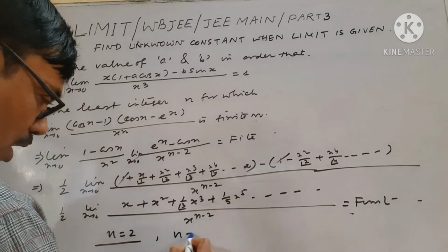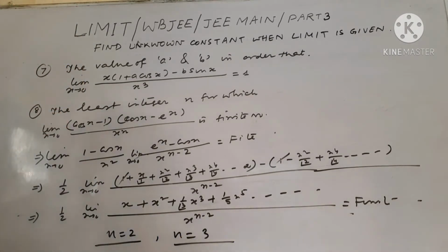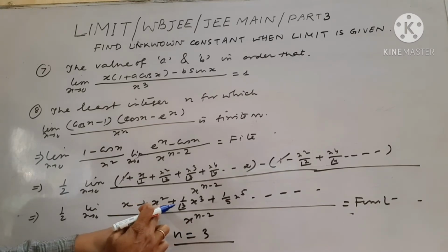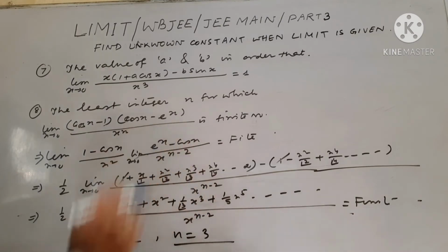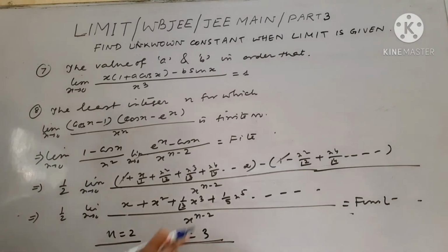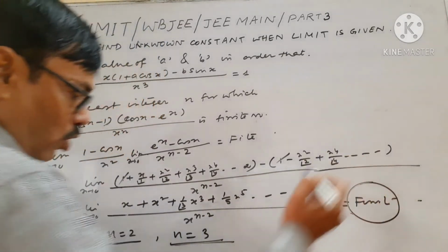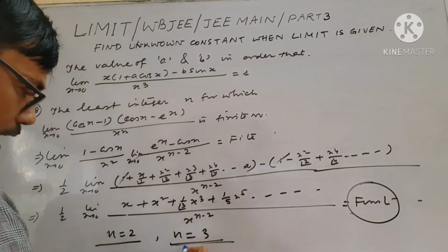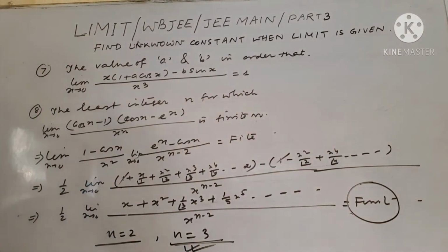If n equals 3, then the denominator is x. So x cancels, and the remaining terms have x common and it will be 0. So 1 plus 0 if n equals 3. And if n equals 2, then the value is 0. So if it is a non-zero finite number, then n equals 3.